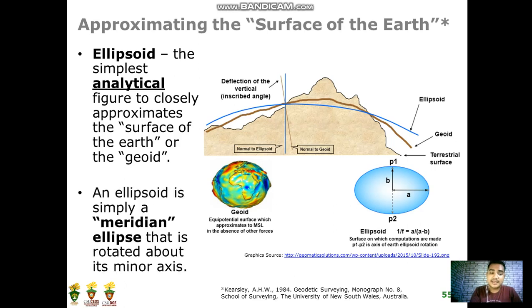An ellipsoid is simply the meridian ellipse that is rotated about its minor axis. So meridian ellipse, it's because in meridian siya nga magtuyok, kay bali ang iyang axis is naa sa meridian, so mitawag siya og meridian ellipse. Minor axis, mubo man siya, mubo nga part, dili tong taas.